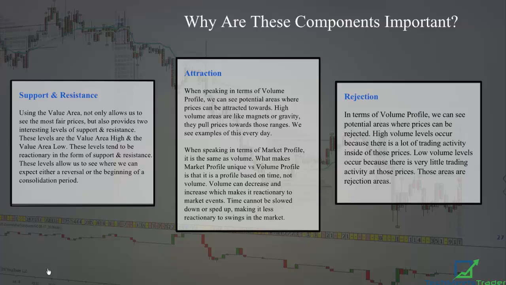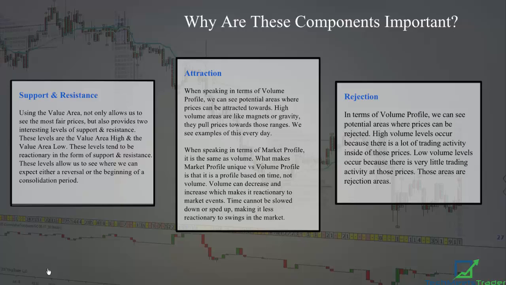Attraction. When speaking in terms of volume profile, we can see potential areas where prices can be attracted towards. High volume areas are like magnets or gravity. They pull prices towards those ranges. We see examples of this every single day. When speaking in terms of market profile, it is the same as the volume profile.